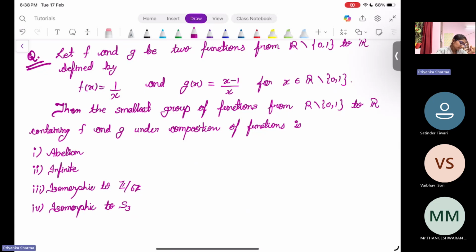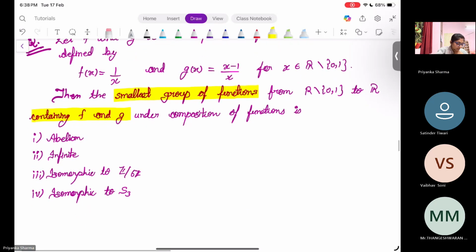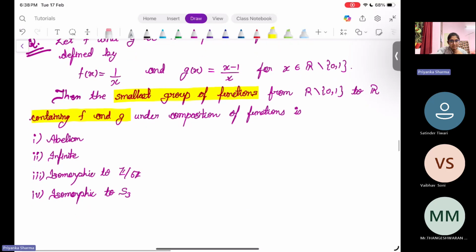First we need to figure out what can be the smallest group of functions containing both f and g. So for a group, the closure property will be there. Whenever the group contains f, all the powers of f will be there. Similarly, all the powers of g will be there.